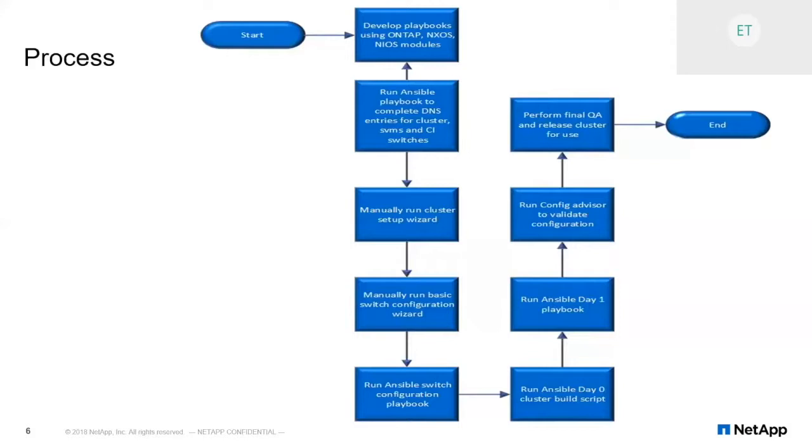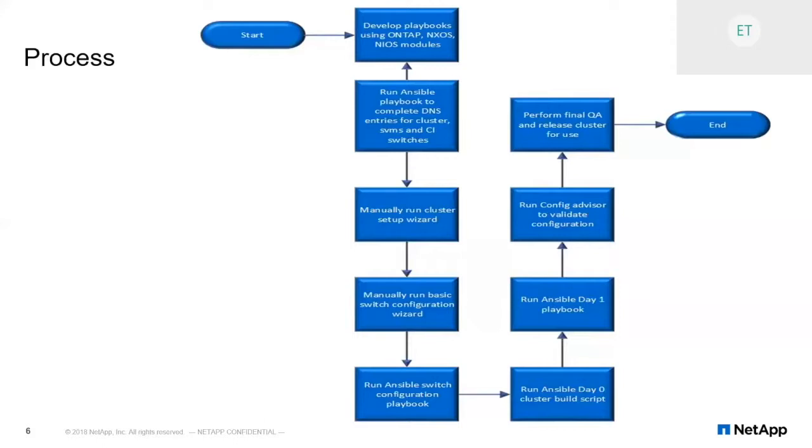Since we don't have DHCP enabled, when the system is powered on, it doesn't have an IP configured and it's not accessible. So I have to manually connect with the console and configure that first IP and create the cluster. That takes about 3 minutes to do.